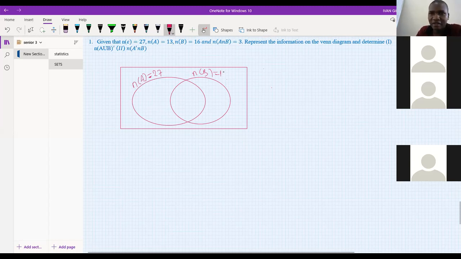This is 16. Intersection A, intersection B, they are saying there are 3. What else have they given us? That's all.